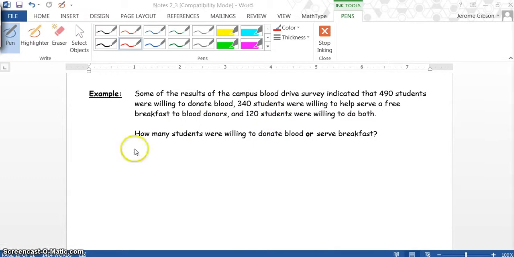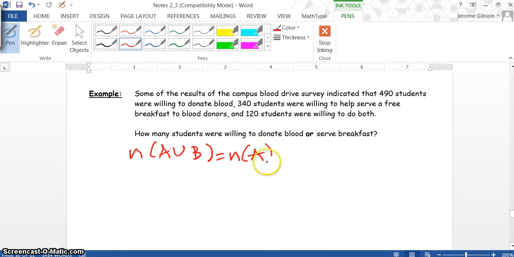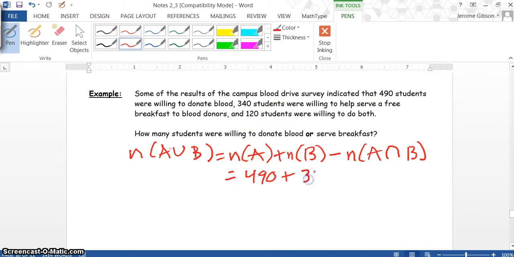So let's use that formula that we had earlier. N of A union B is equal to N of A plus N of B minus N of A intersect B. Now when we substitute, N of A will be 490 plus N of B will be 340 minus A intersect B, which would be 120.